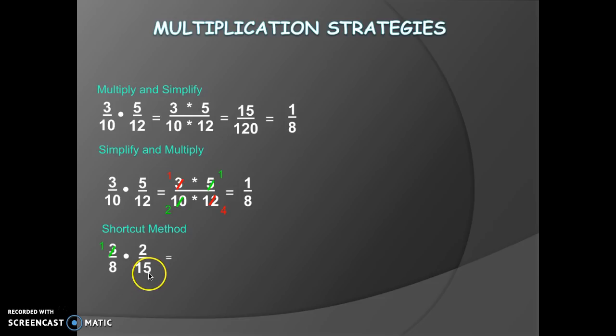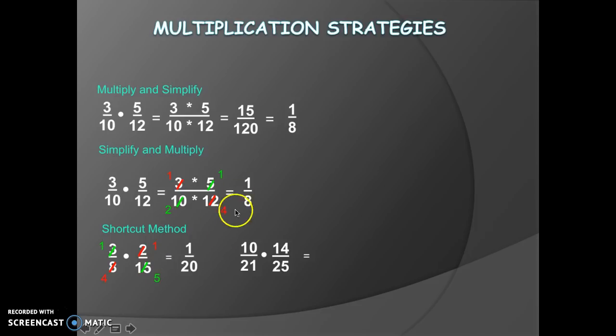I'm going to divide 15 by 3 also, which gives me 5. 2 divided by 2 is 1. I have to divide 8 by 2, which is 4. Multiply my numerators, 1 times 1 is 1, multiply my denominators, 4 times 5 is 20. My answer is already simplified. Lots to think about, I know.